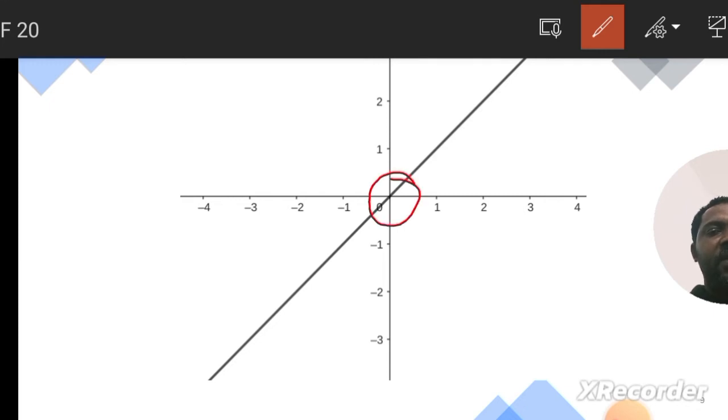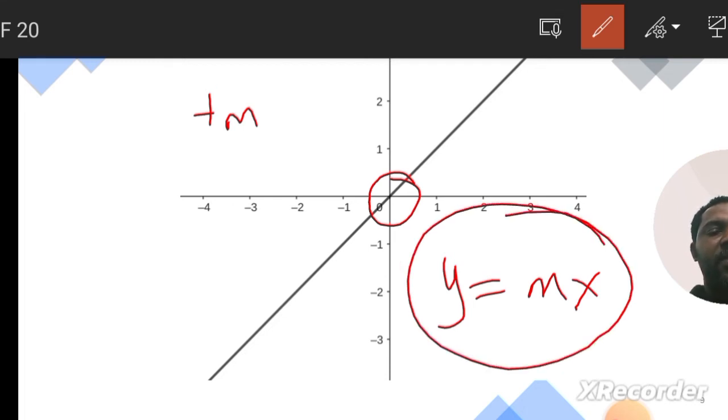First of all, the graph has a positive slope, and the graph passes through the origin. So the equation for this graph is y equal to mx. Simply y equal to mx. Why y equal to mx? Because there is no intercept. The intercept C is equal to 0.